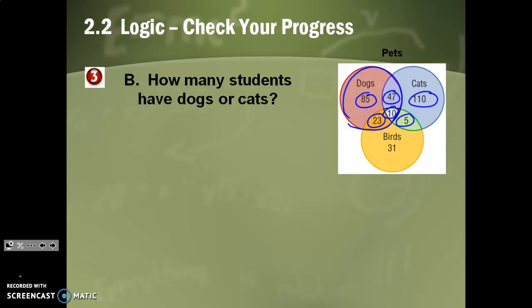So basically we want all the numbers except for the people that just have birds. So we add those up: 195, 200, 233, 240, 280. If I did that math right. You guys can check me if I'm wrong on that one. Yep, we're good.